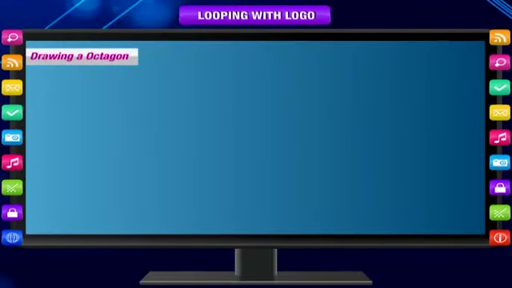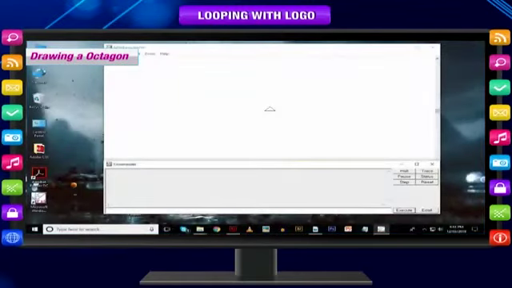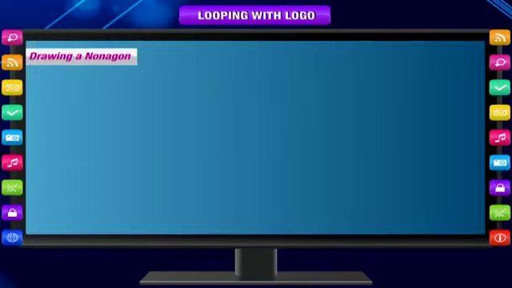Drawing an octagon. Number of sides 8. Repeat 8 times. Degree of turn 360 divided by 8. Command used: repeat 8 [FD 100 RT 360 / 8]. Drawing a nonagon.